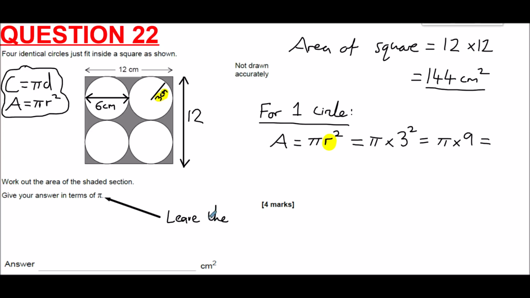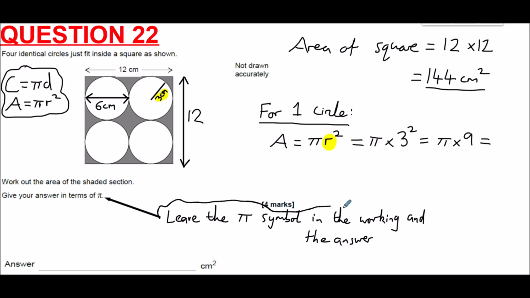We don't actually use a numerical value for pi, we leave a pi symbol in the working and the answer. So you don't actually give a numerical answer for pi. That's what in terms of pi means. Pi times 9 is just 9 pi.